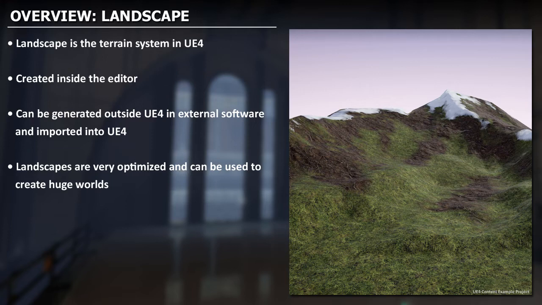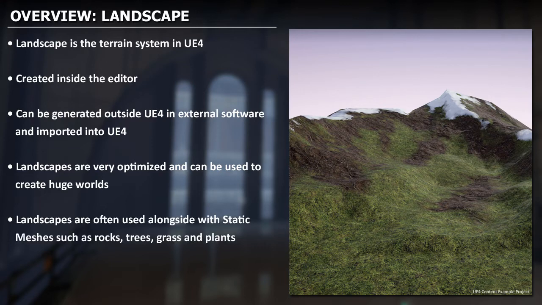Landscapes are very optimized, and they can be used to create huge worlds. And landscapes are often used alongside static meshes, such as rocks, trees, grass, and plants. We are not going to focus on how to create landscape in this series, and it will be done so in its own tutorial series.